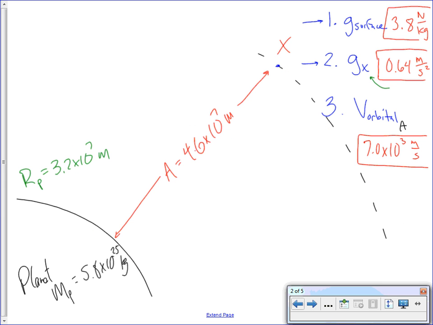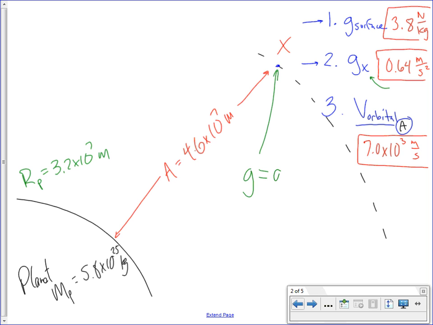And then this orbital one, what I'm referring to here is I want the orbital velocity at altitude A of any object. All right? There's a couple ways to do this. The easy way is to say, well, here at altitude A, G, which is gravitational acceleration, is really another kind of acceleration for an object moving in a nice circular orbit.